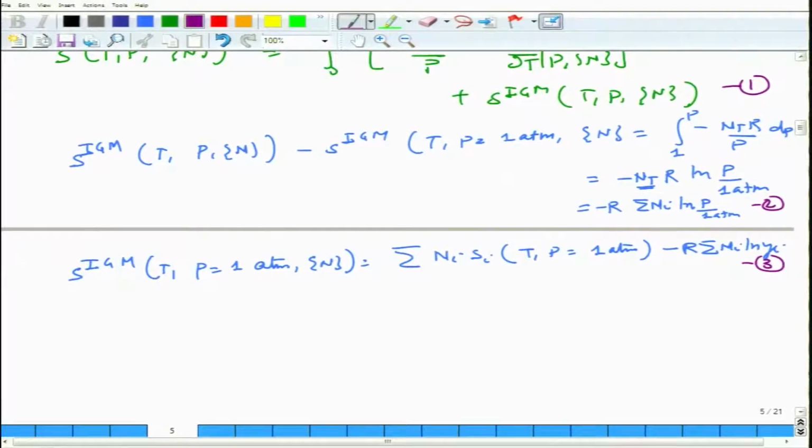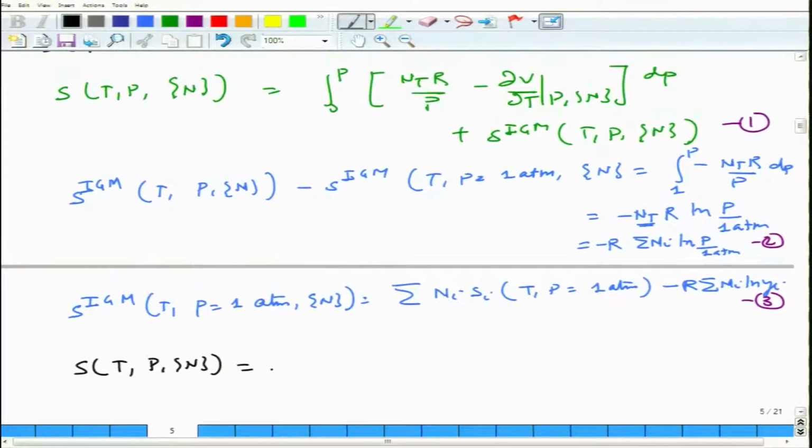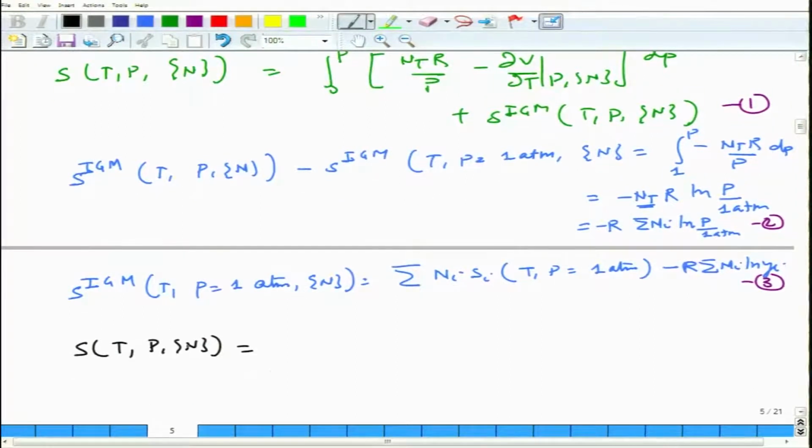So, if we combine this, what we are going to get is S(T,P,n) minus the sum of Ni Si for the mole compositions, the number of moles here.